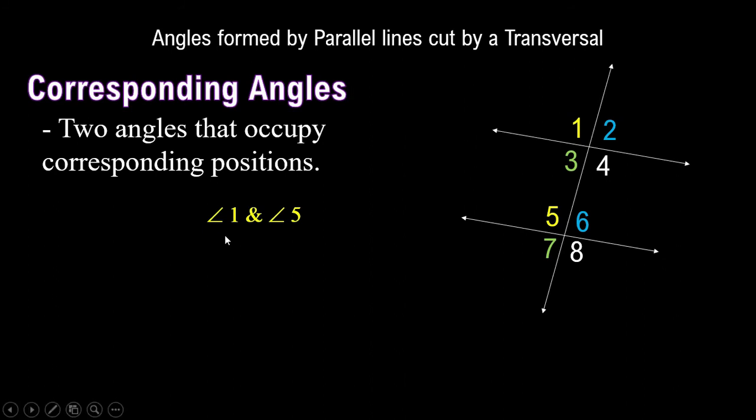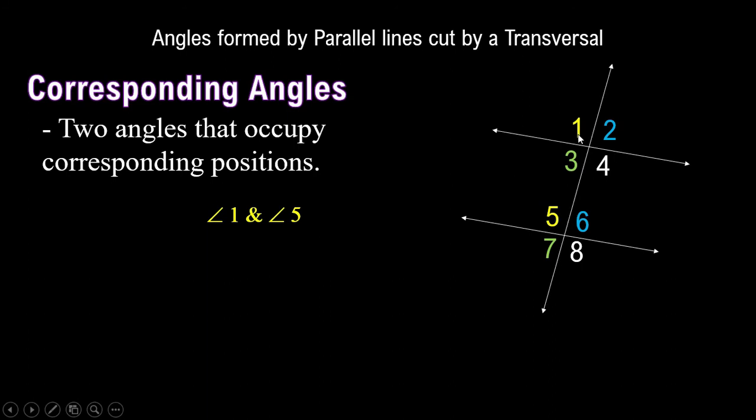For you to understand, we have angle 1 and angle 5. So why angle 1 and angle 5? If this is our first line and the second line, which are parallel, this angle is the same in position with this angle.